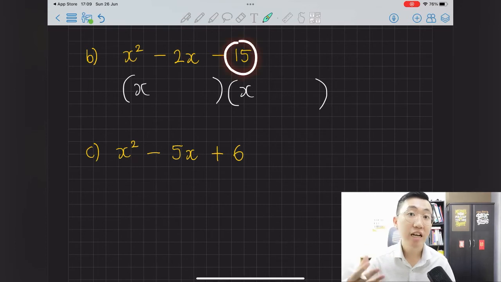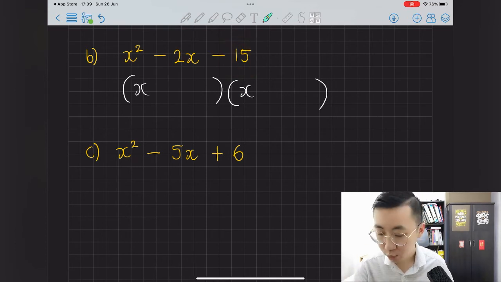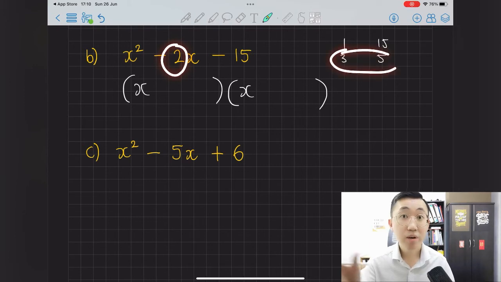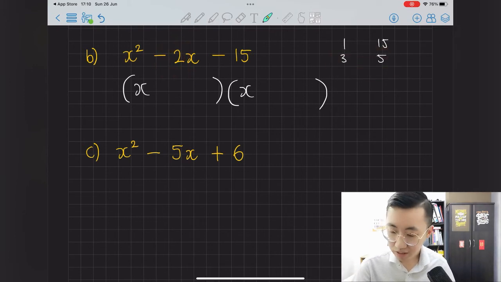The last digit tells you what combo you have to think of. 15 can be 1 and 15, or 3 and 5. I think that's all the possibilities. To get 2 in the middle, definitely it is 3 and 5, because 5 minus 3 will get you 2. So the teacher knew this is the possible combo, so lay out 3 and lay out 5.